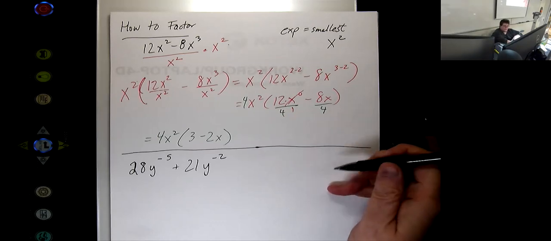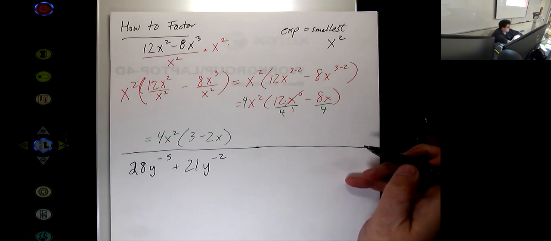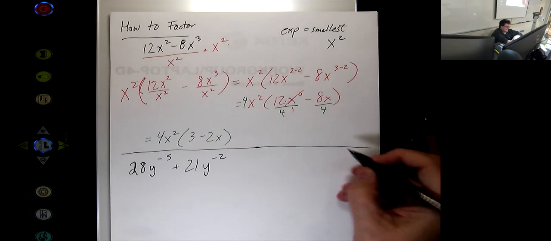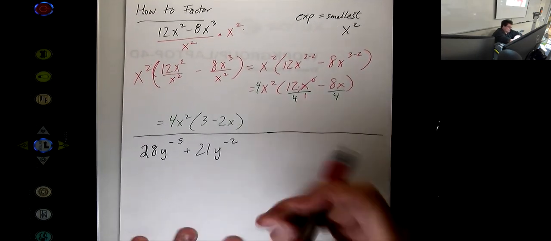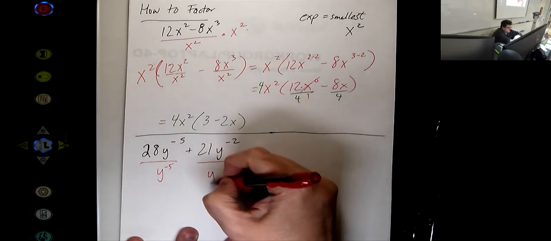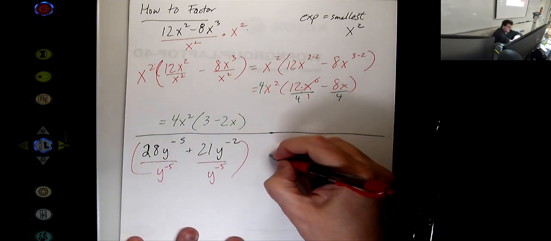Which exponent is the lowest? Negative 5. Negative 5 is lower than negative 2. It's more negative. So I'm going to divide by y to the negative 5 on both. And we'll multiply by y to the negative 5.